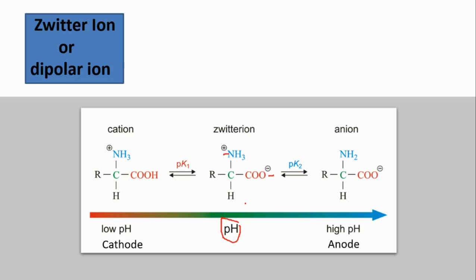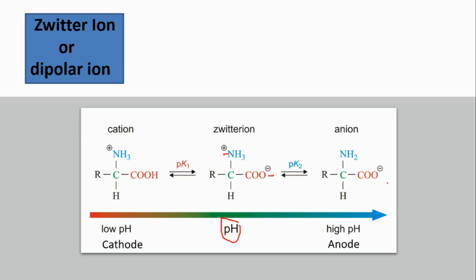when amino acids are placed in an electric field, they are found to migrate towards either the cathode or the anode, and it depends upon the pH of the medium. At very high pH, meaning in basic solution, the Zwitter ion donates its proton to the basic solution and gets converted into NH2, while COO minus remains as it is.